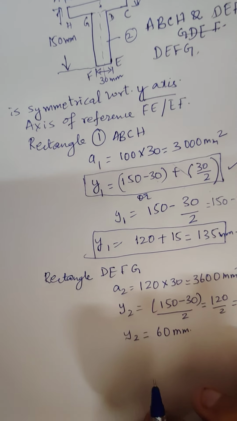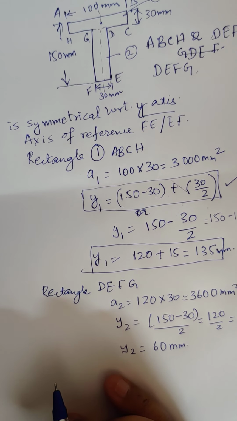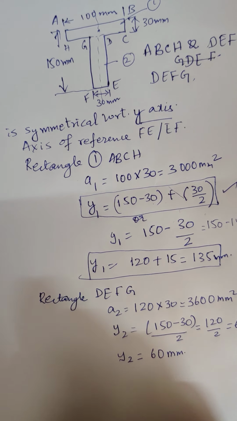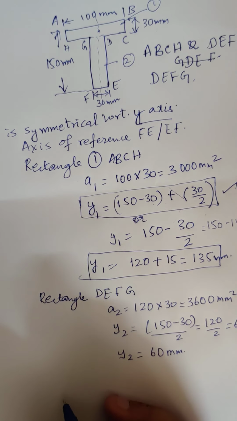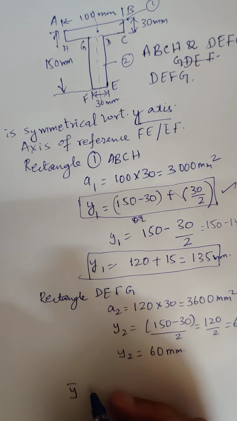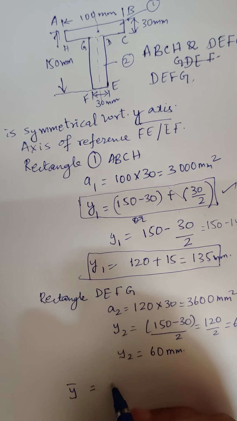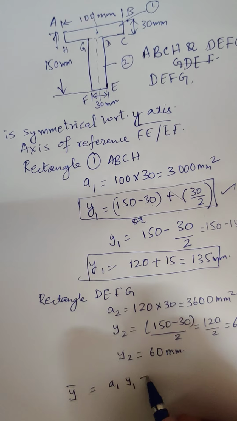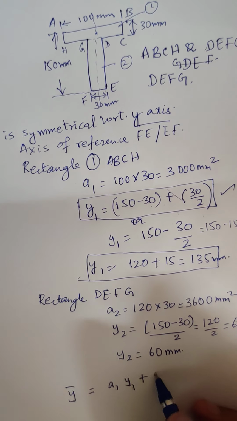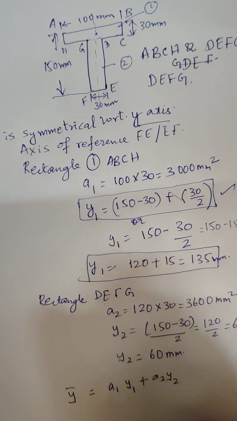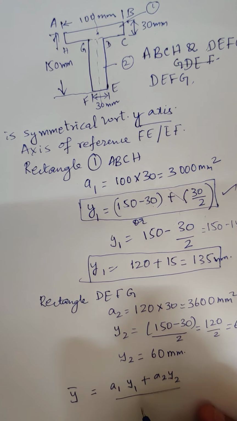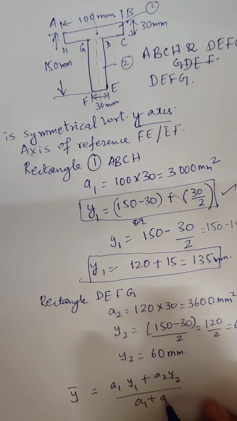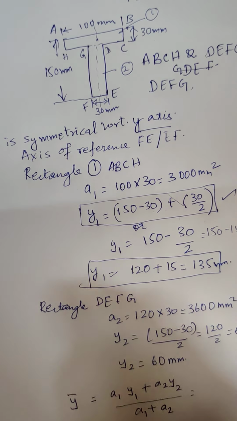Now we have the formula for the center of gravity of the section between the top and the bottom flange. Y bar equals A1 y1 plus A2 y2 upon A1 plus A2. That is the formula for finding the center of gravity.